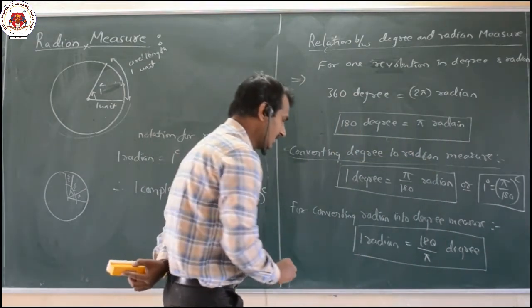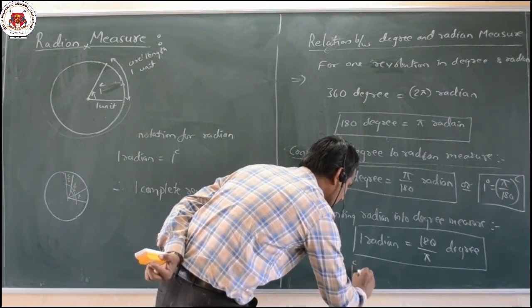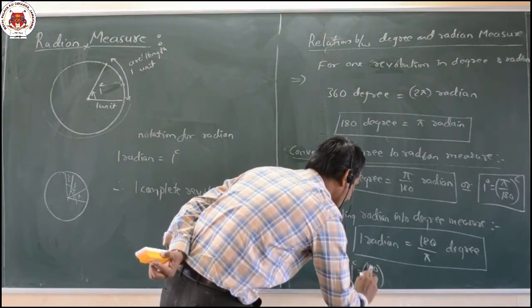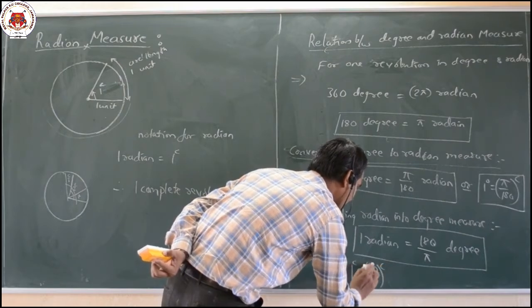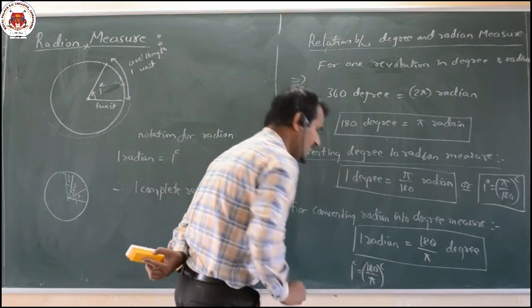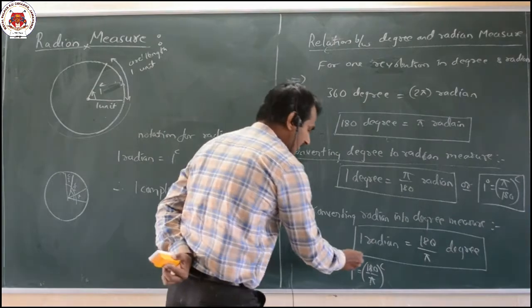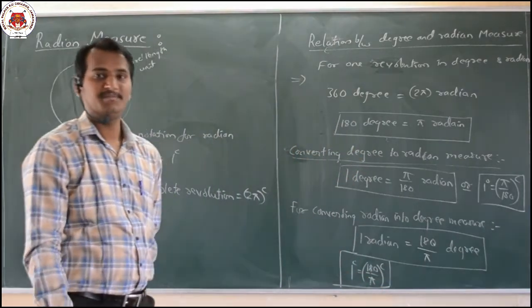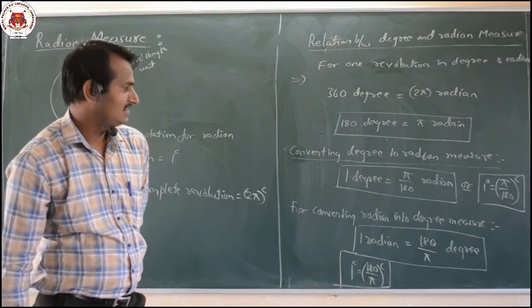That means 1 radian, 1c, is equal to 180 divided by pi degrees. That is nothing but your required result here.